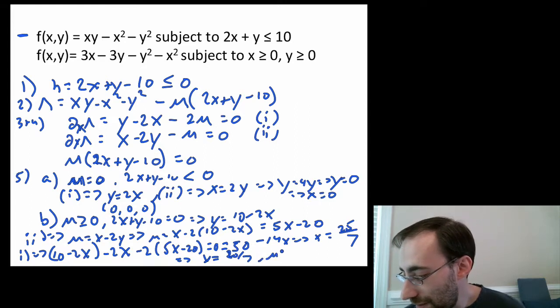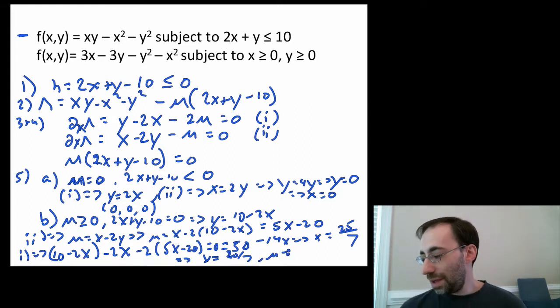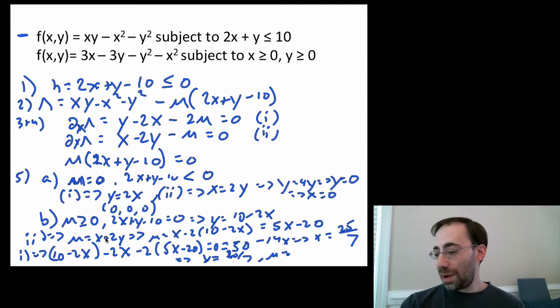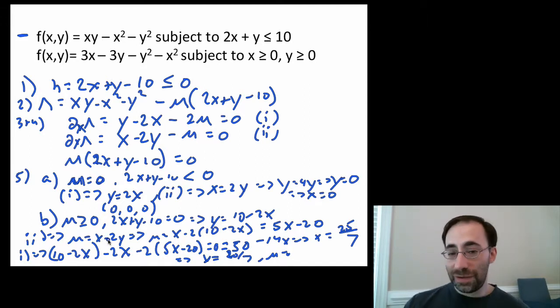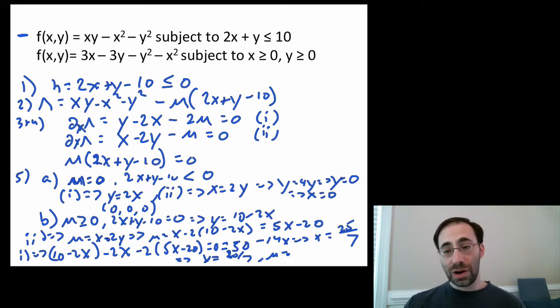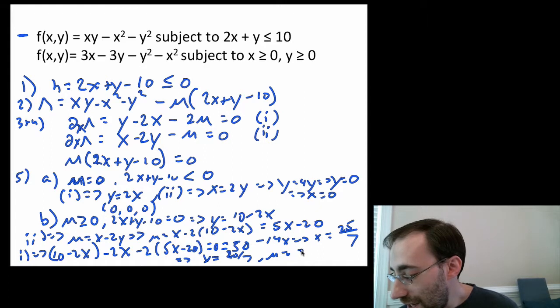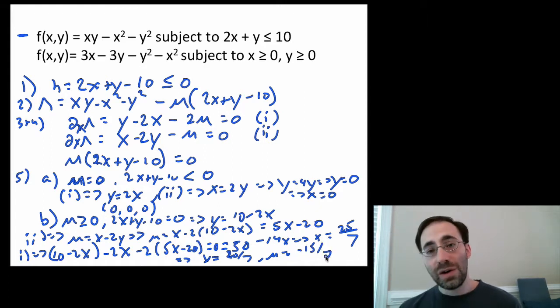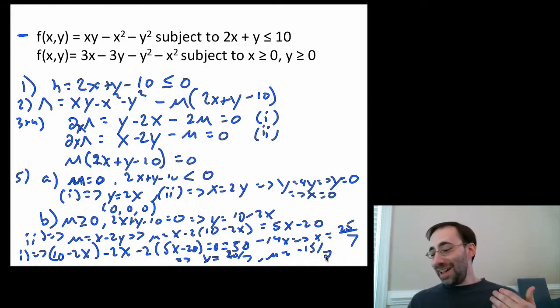And to be complete, mu therefore is, where's mu? Mu is x minus 2y, which is 25 over 7 minus 2 times 20 over 7, which is 40 over 7, is negative 15 over 7. Uh-oh, we're in trouble now because mu must be positive.